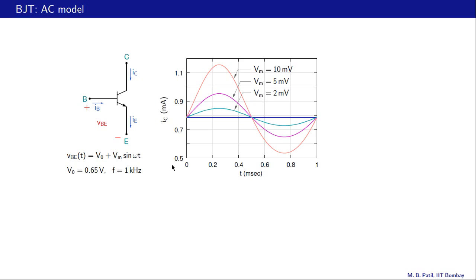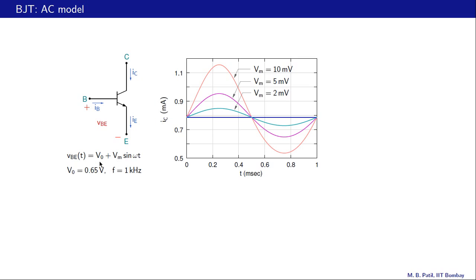And in this graph we are plotting IC, the total collector current, as a function of time, and we are only showing one cycle of the input waveform which corresponds to 1 millisecond. Let's look at these curves one by one. So this blue curve corresponds to VBE equal to V0 and with no sinusoidal part there.